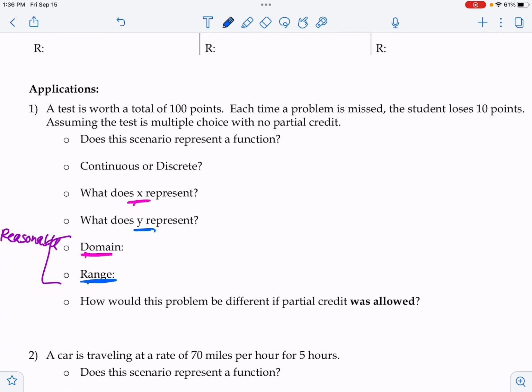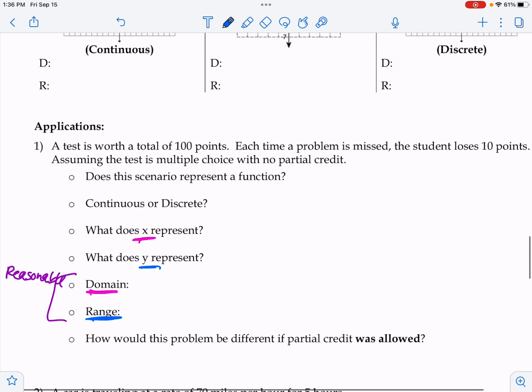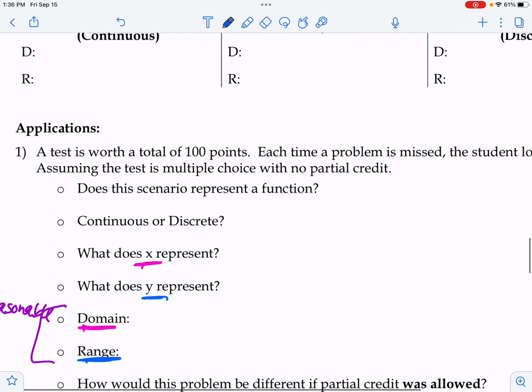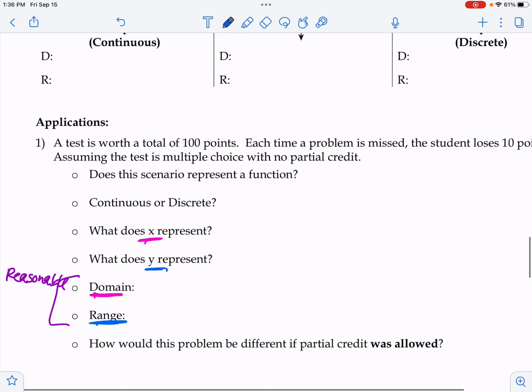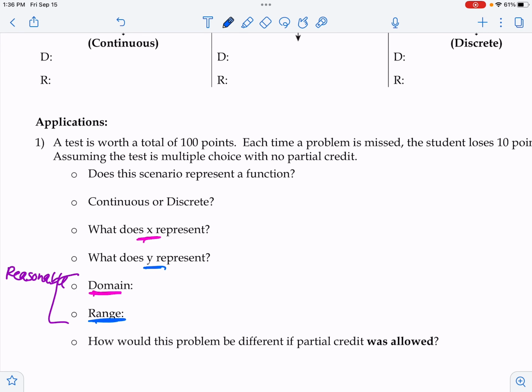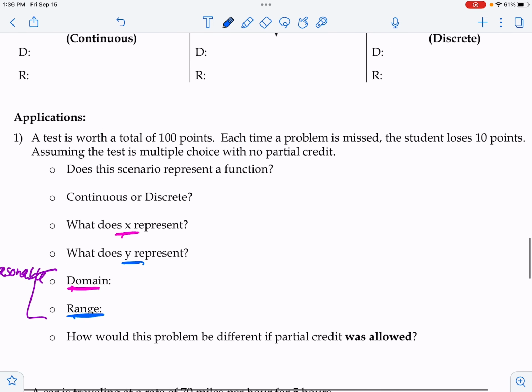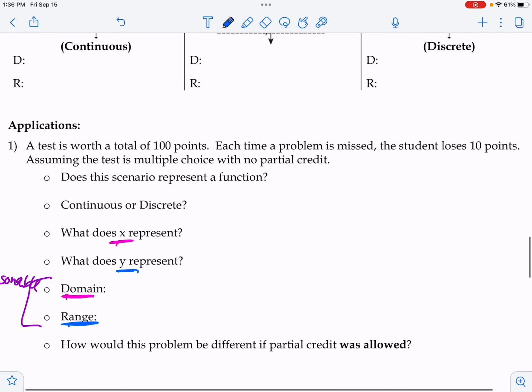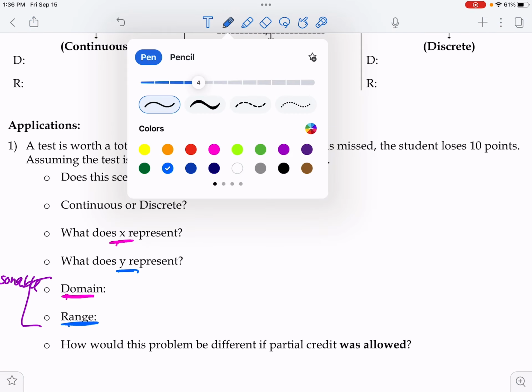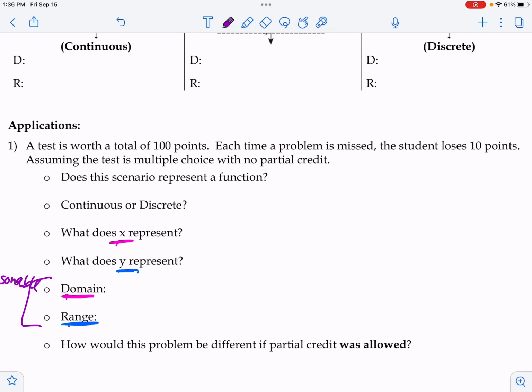And so here's a trick. I'm going to read this problem first. Test is worth a total of 100 points. Each time a problem is missed, the student loses 10 points. Assume the test is multiple choice with no partial credit. Okay, and so when you're trying to decide what x and y are, look for some kind of rate.